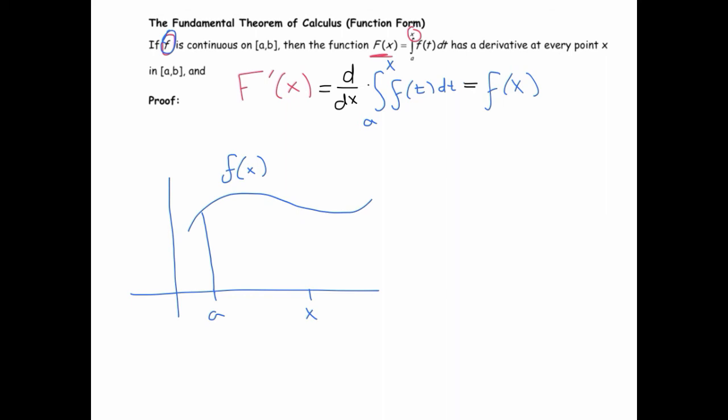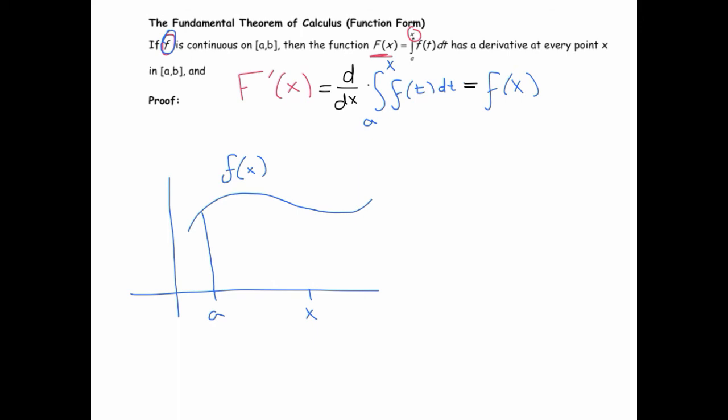I'm talking about instantaneous rates of accumulation of area, because capital F is a function that's accumulating area. And so its derivative should be the instantaneous accumulation of area at a given instant. Nevertheless, it's a difficult proof to get on a first go, so it's worth looking at a few other times. But what you'll really want to make sure you understand is how to apply it, and that's where the next video will come in.